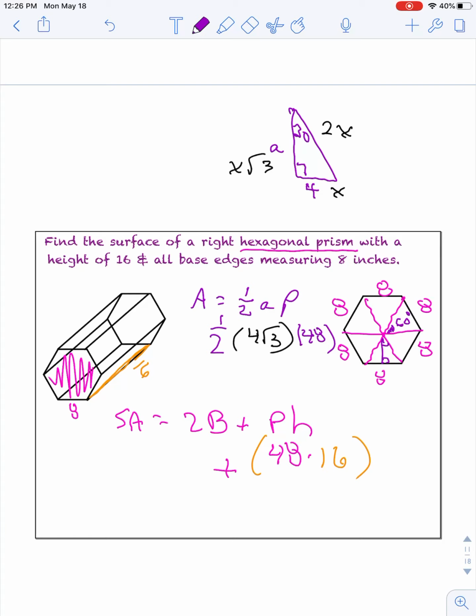Okay, so now I found the area of the base, which is 1/2 times 4 root 3 times 48. Now I have to multiply that by 2.